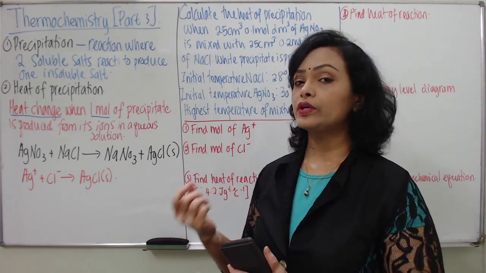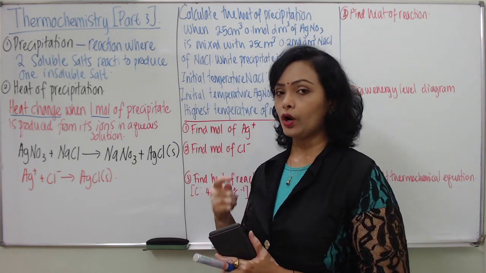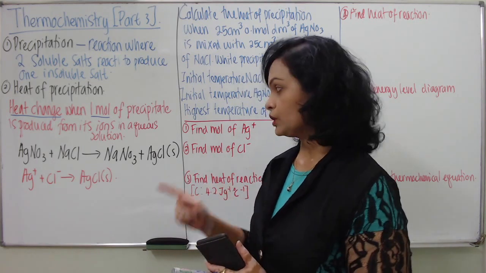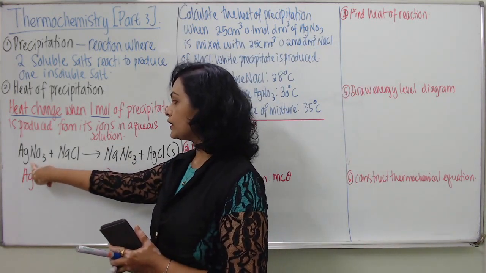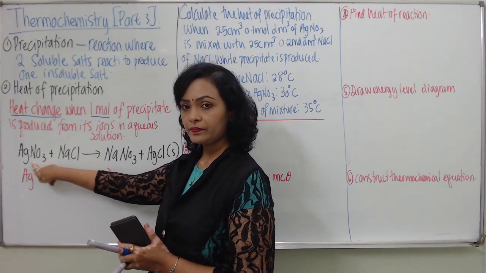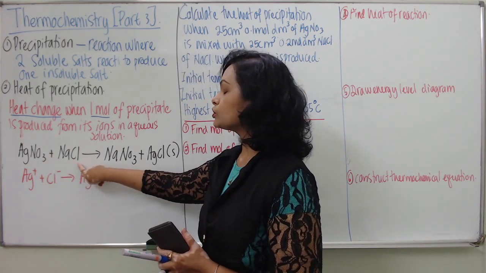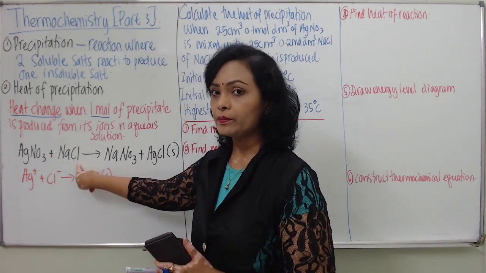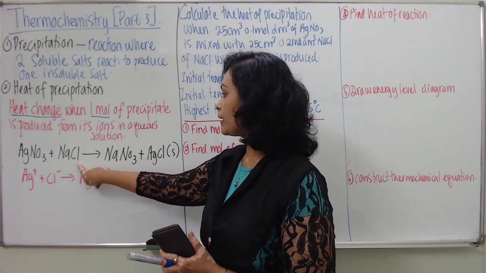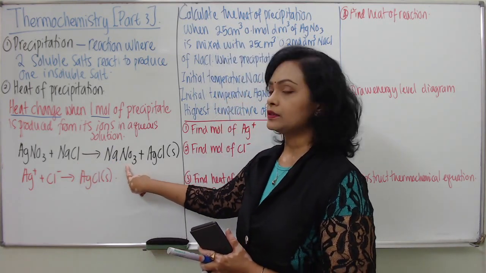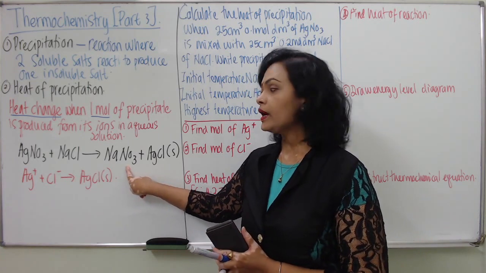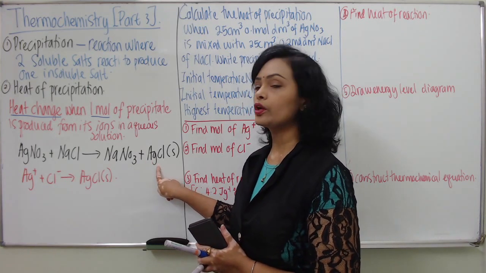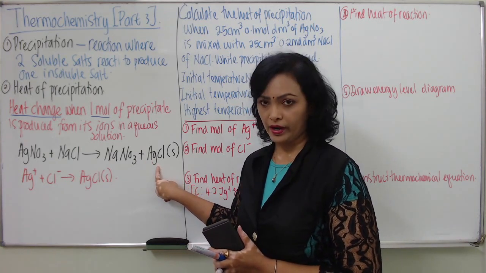Now, allow me to give one example of a precipitation method where soluble argentum nitrate is mixed with soluble sodium chloride to produce soluble sodium nitrate and insoluble argentum chloride.